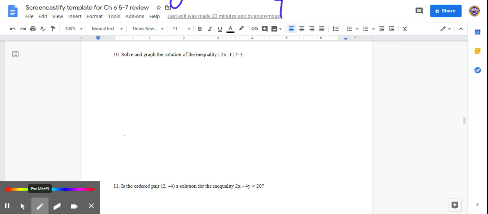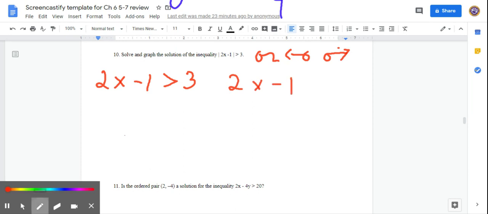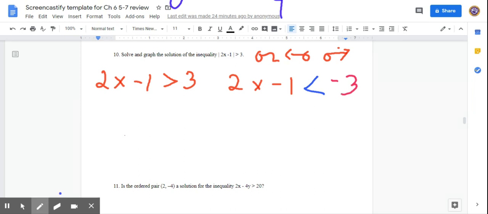Absolute value is by itself, so we just have to drop and rewrite. 2x minus 1 is greater than 3. It is an or, so remember arrows in opposite directions. Okay? Or 2x minus 1. What happens now? Flip less than negative 3. Drop, flip, opposite.